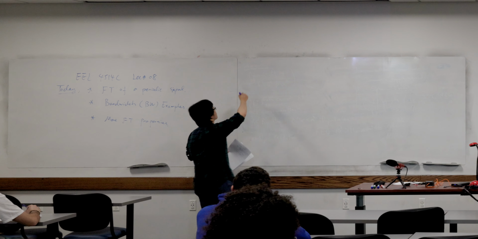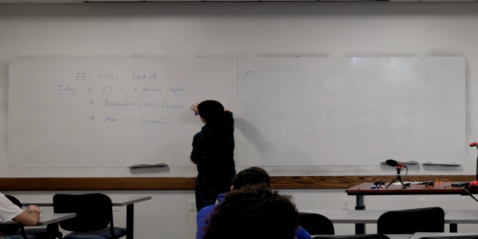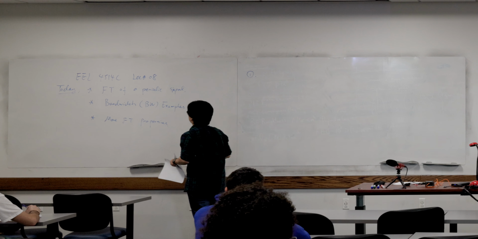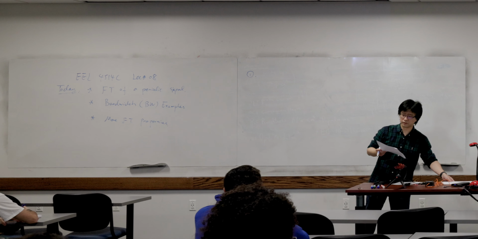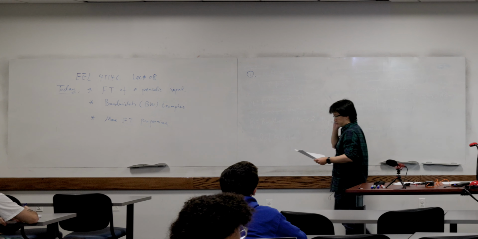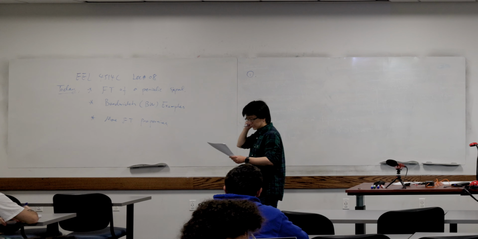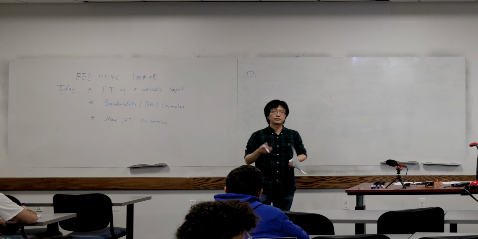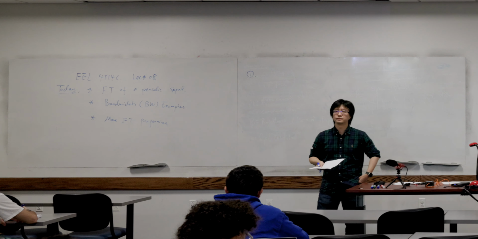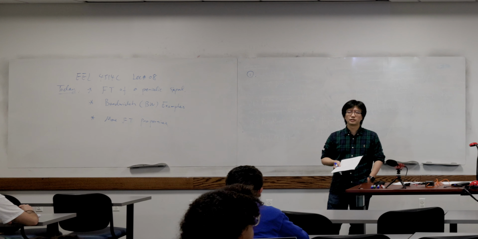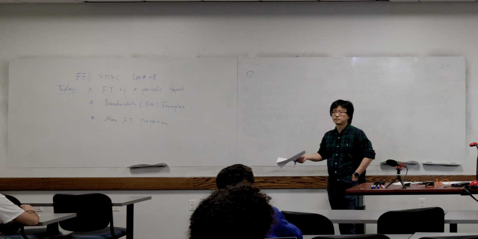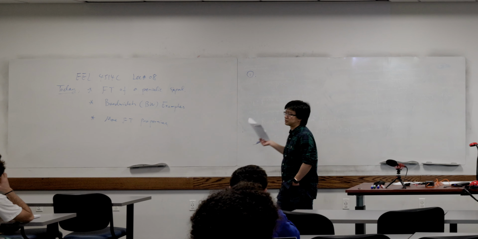So let's see the first of them: using the Fourier transform of a periodic signal. How should we do that? Any idea? Normally when we compute the Fourier transform of something, what do we do?